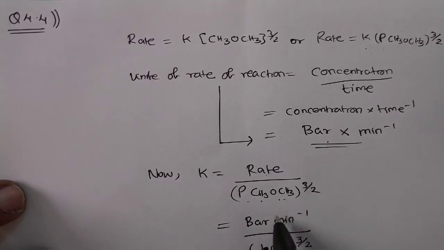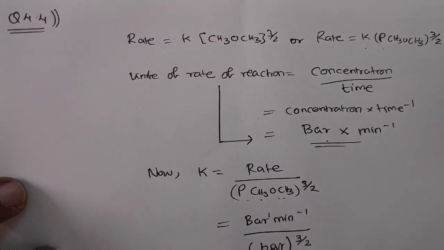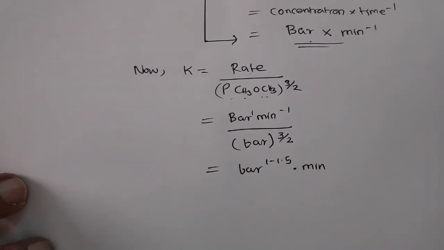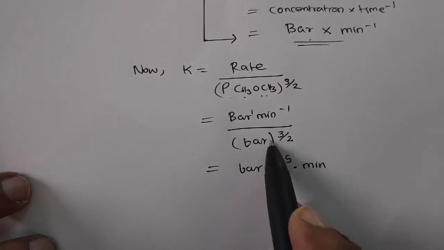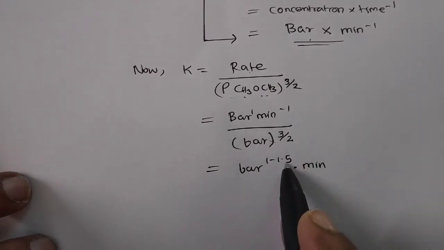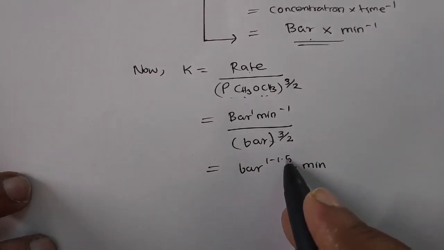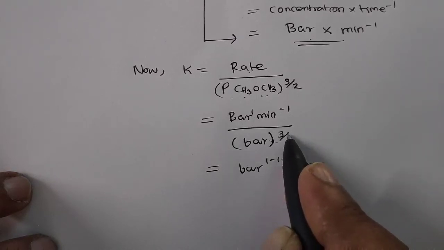So if I take this part on top, here nothing is there, meaning 1 for bar, so it will be bar raised to 1 minus 1.5. I have directly written 3 by 2 as 1.5.